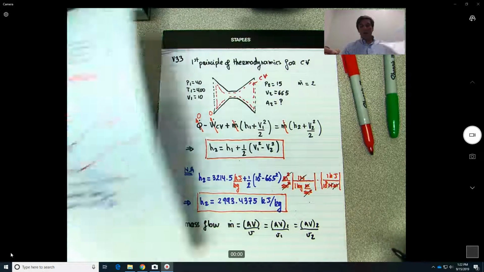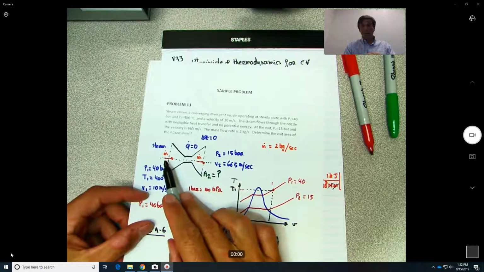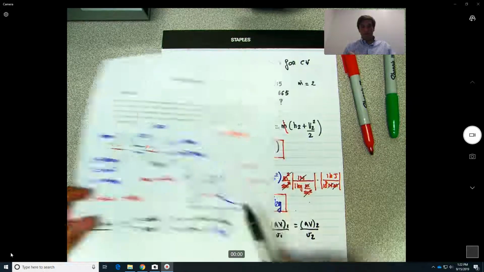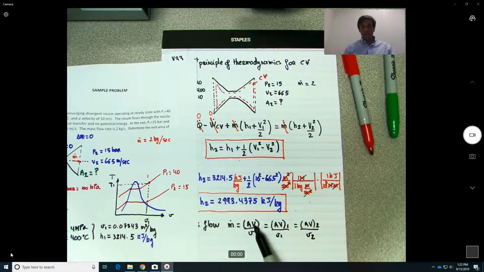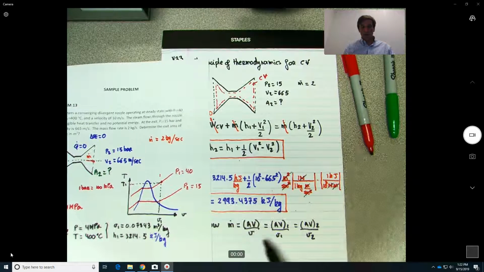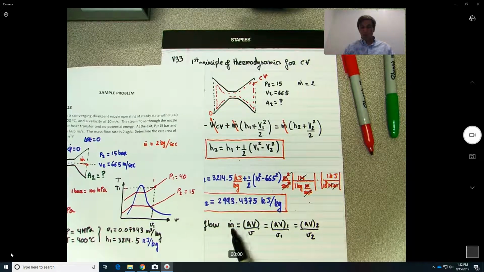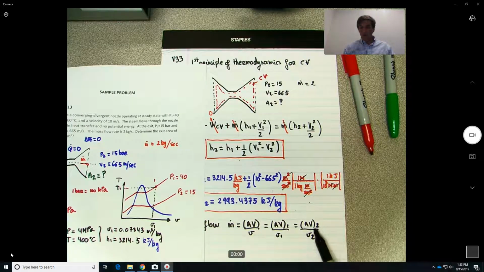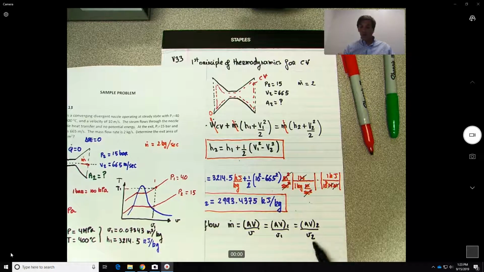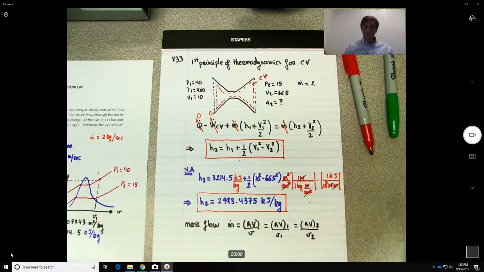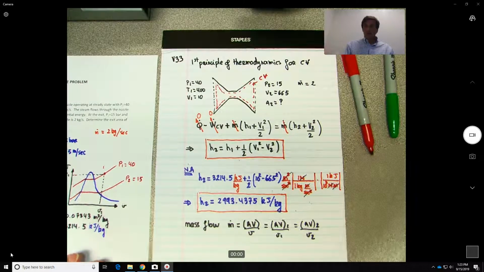So basically mass flow 1 equal mass flow 2. So A is the area, V is the velocity at the inlet divided by v1, and we should have the same thing at the outlet. So we know m, we know the velocity V2, and now using H2 and the tables, we can find the value of v2, and then we just need to solve for A. Okay? All right, so let's go to the tables.